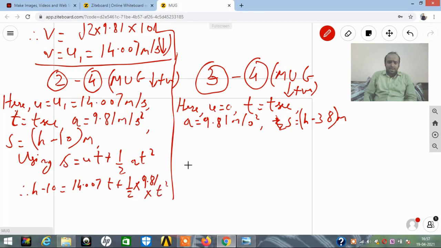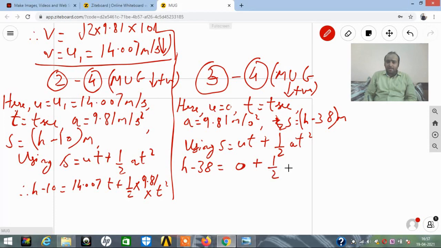Same way, using the same equation over here, S is equal to ut plus half at square, that is h minus 38 is equal to ut, which is 0 into t, that is 0, plus half into 9.81 into t square.